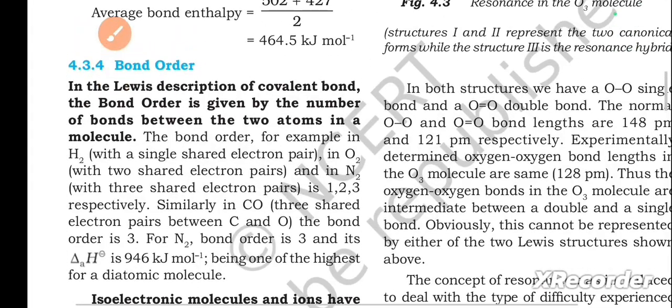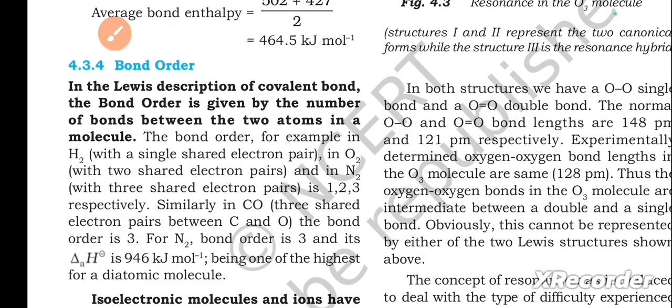In the Lewis description of covalent bond, the bond order is given by the number of bonds between the two atoms in a molecule. The bond order, for example, in H2 with a single shared electron pair, in O2 with two shared electron pairs, and in N2 with three shared electron pairs is 1, 2, 3 respectively. Similarly, in CO, three shared electron pairs between C and O, the bond order is 3.